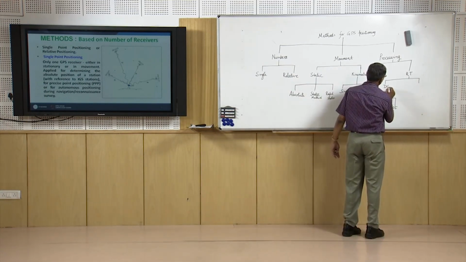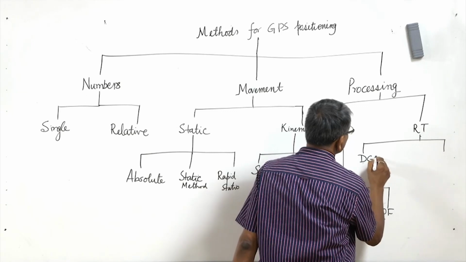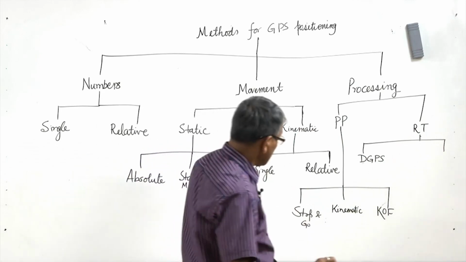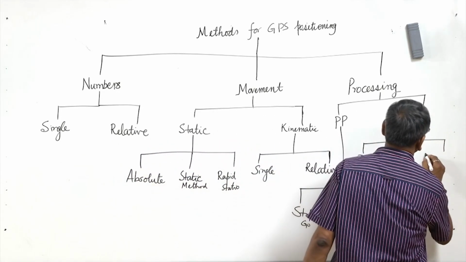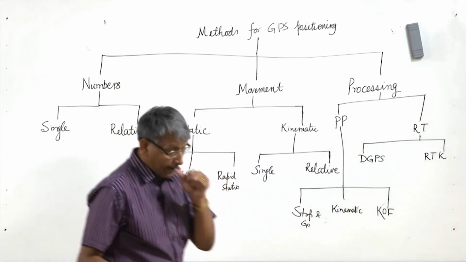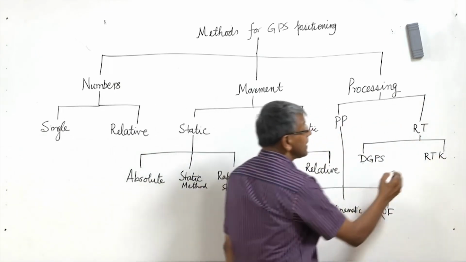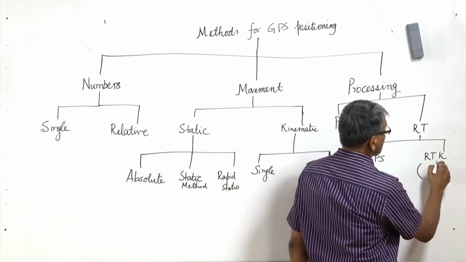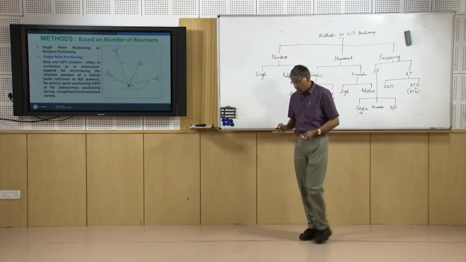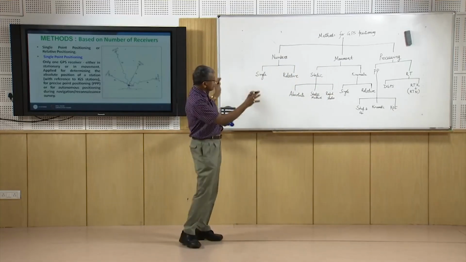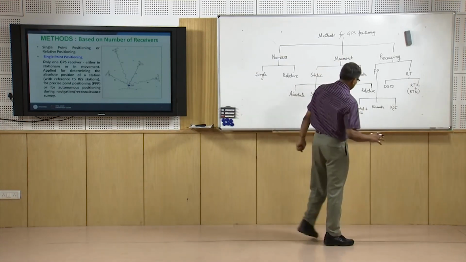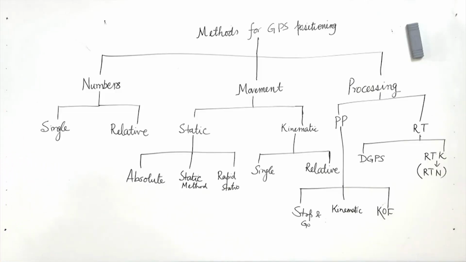One is called DGPS, differential positioning, another is called RTK, real time kinematic, and nowadays one special variety of RTK is also available, that is called RTN, real time networking. So this is in short the different types of positioning methods that are available nowadays.